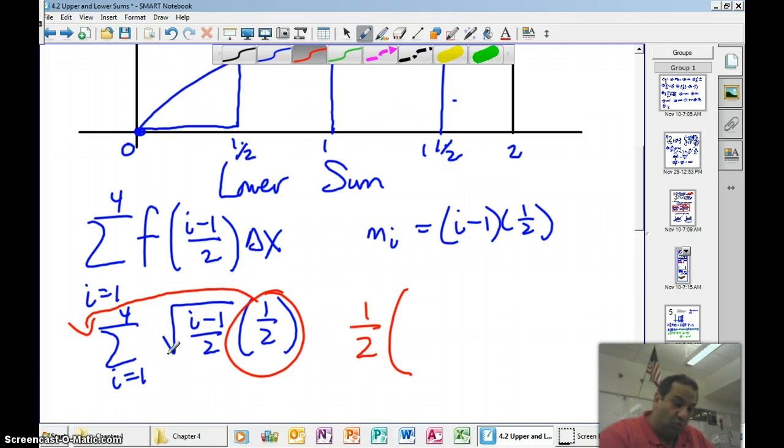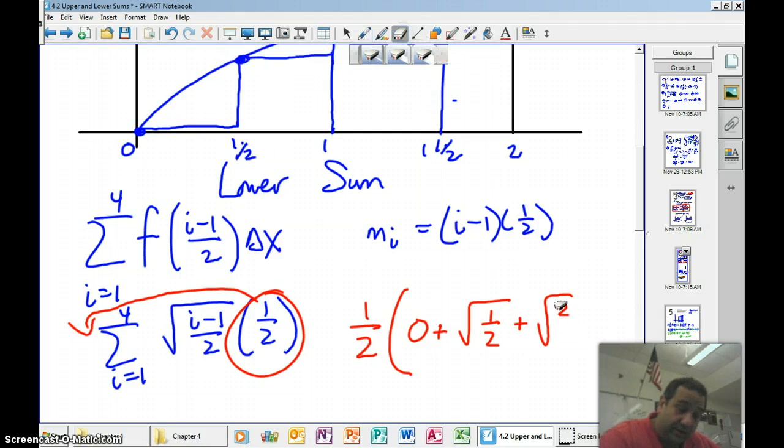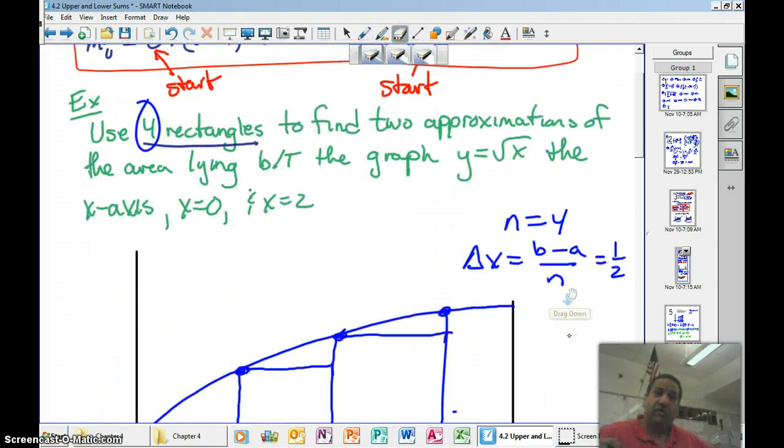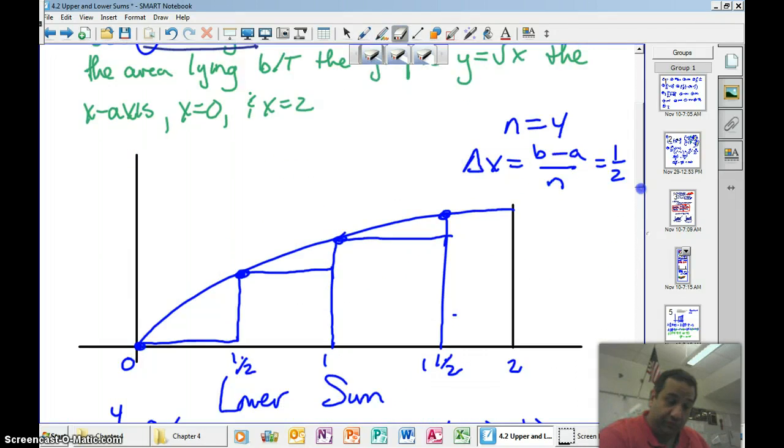Now when i is 1, I get 0. Plus, when i is 2, I get the square root of 1 half. Plus, when i is 3, I get the square root of 2 over 2.